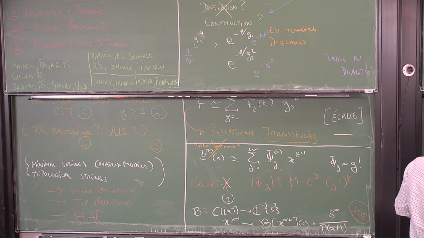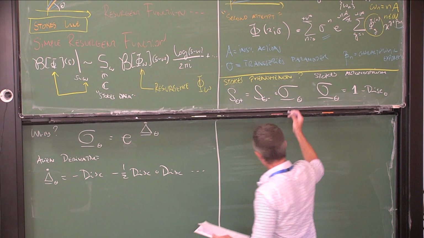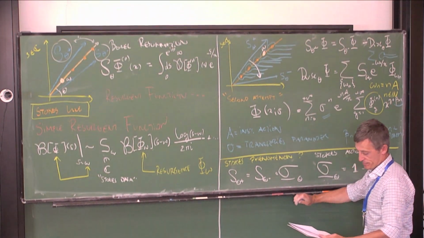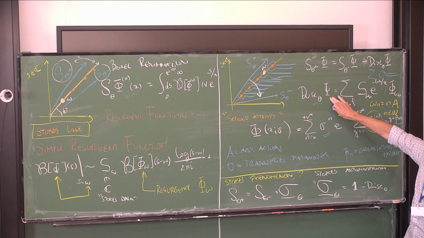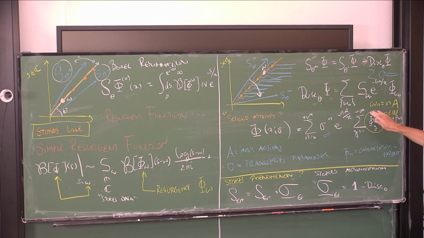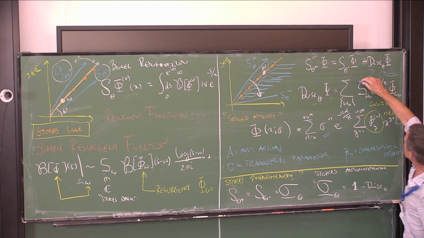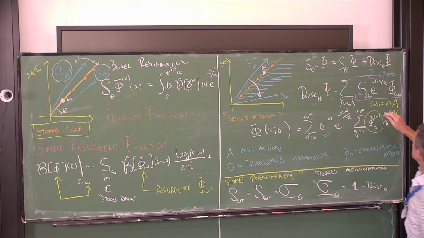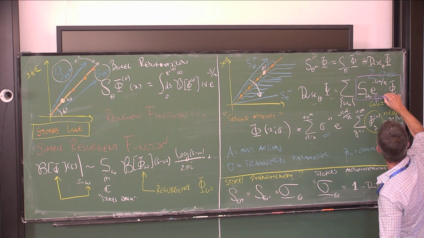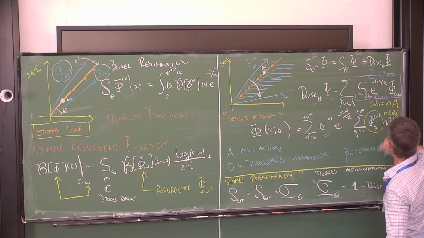I have the discontinuity of phi, which is given by this sum over all singularities. So I can focus just on a specific singularity, and this will be my discontinuity at omega n.